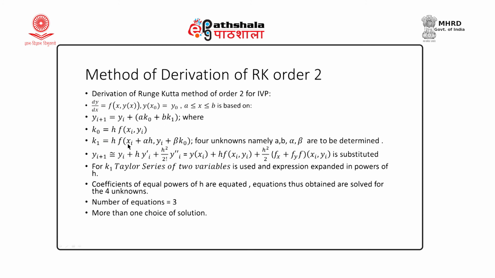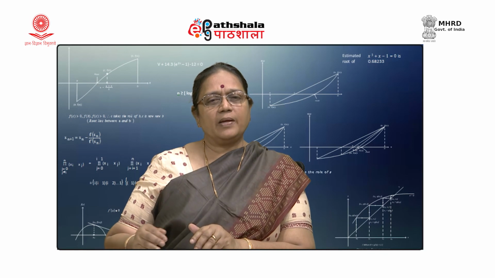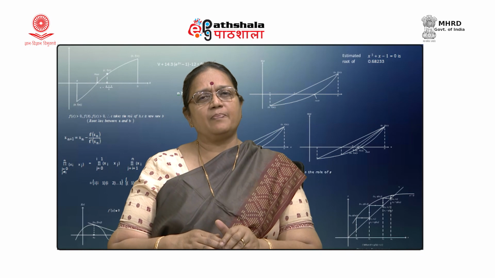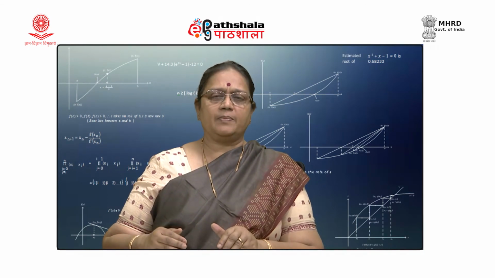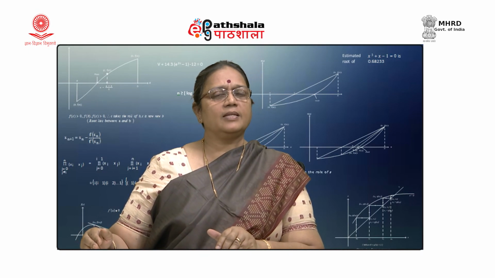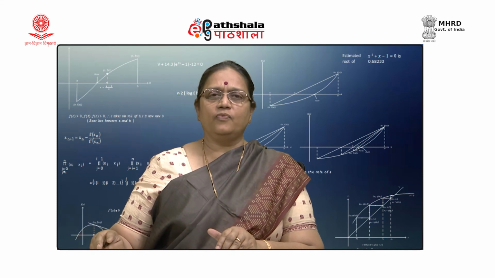For k1, which is given by h into f(x_i plus alpha h, y_i plus beta k0), the Taylor series of 2 variables is used to expand it, and it is expanded in powers of h. The left side is y_{i+1} equal to y_i plus h y_i dash plus h square by 2 y_i double dash, and the right side also has powers of h, which is obtained by expanding the Taylor series of order 2 again, with higher degree terms ignored, but of 2 variables.